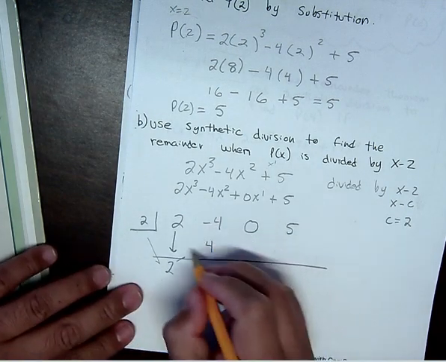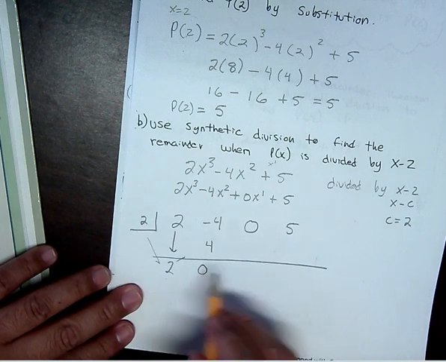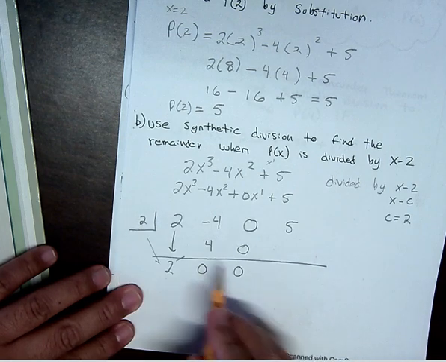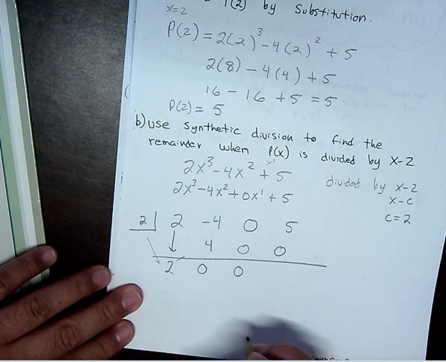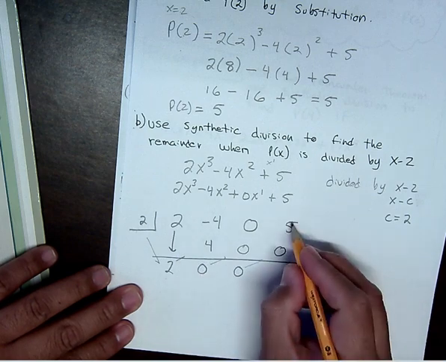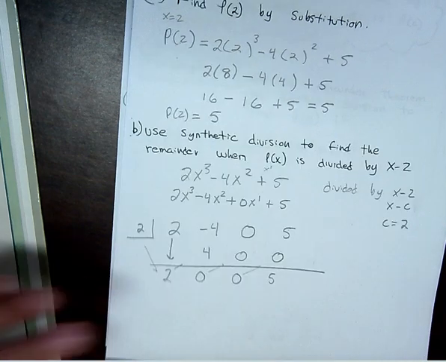So negative 4 plus 4 would be 0. And then 2 times 0 would be 0. 0 plus 0 would be 0. 2 times 0 would be 0 here. So that's how it goes. Every time you multiply like that, it goes here. 5 plus 0 would be 5. Okay.